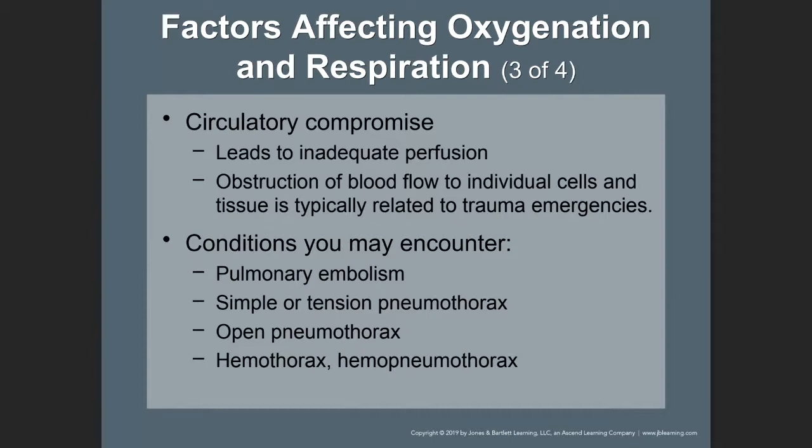Conditions you may encounter that can affect oxygen and respiration include pulmonary embolism, simple or tension pneumothorax, open pneumothorax, hemothorax, hemopneumothorax. These are not new conditions. These are things that you should be familiar with from your EMT level of training. It's not new information.